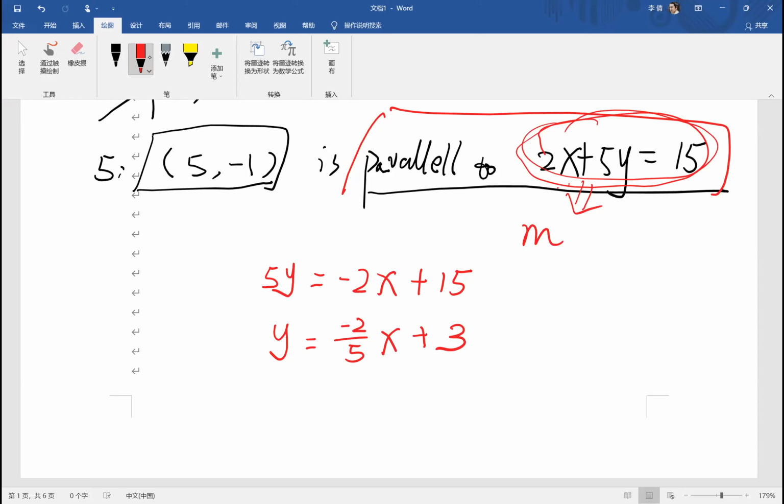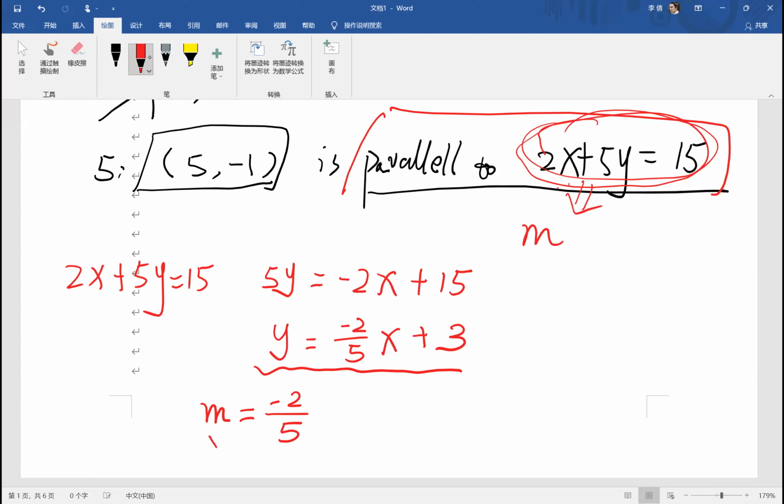So from this equation, 2x plus 5y is equal to 15, we can get this equation, and from this equation, we can get the slope of the line m is equal to -2/5.